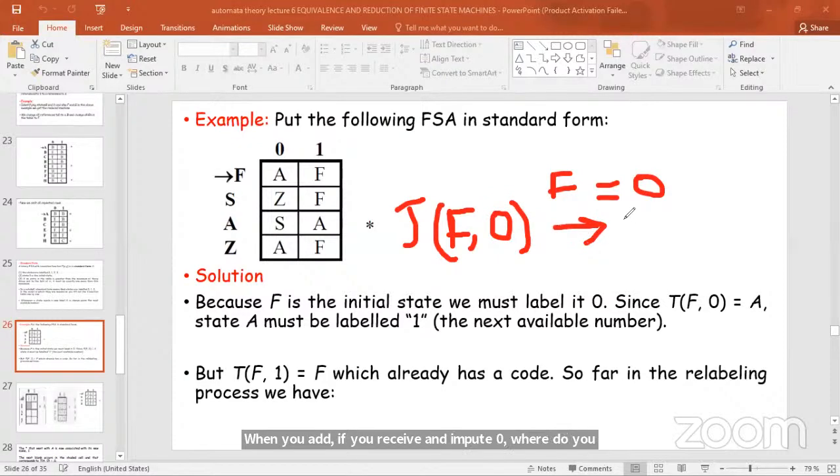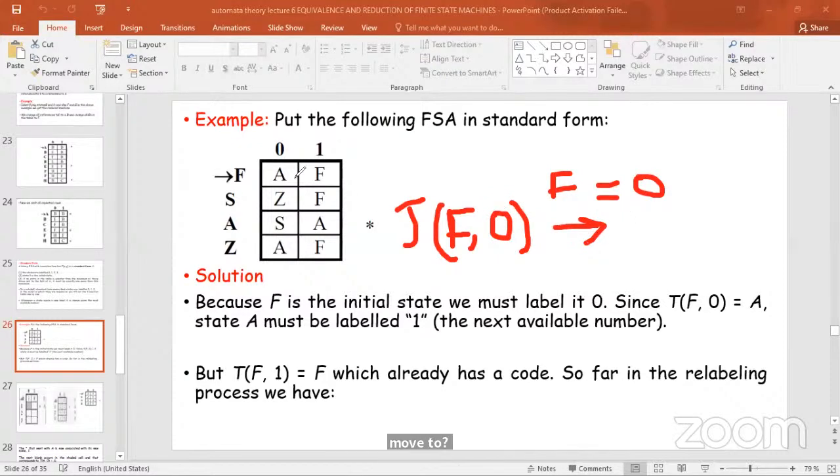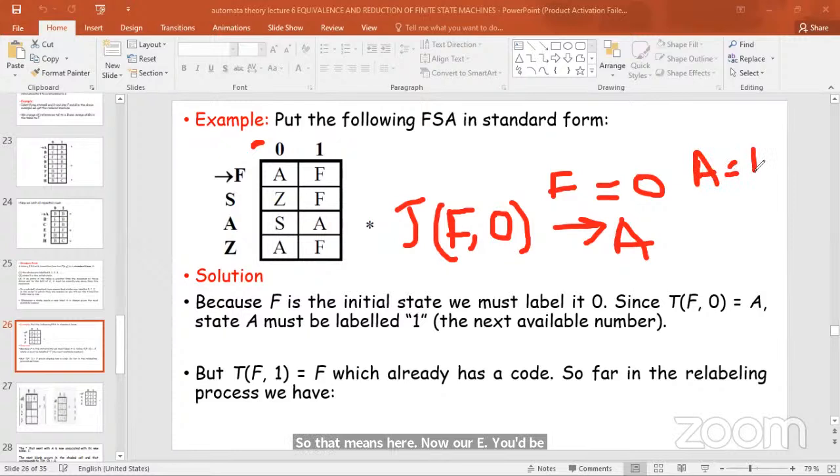Where you move to will be the next number. So let's look at this table here. When you are at F, which is the initial state, you receive a 0. Where do you move to? A. A, good. So that means our A will be given the value of what? 1. So that is the numbering we were talking about earlier.